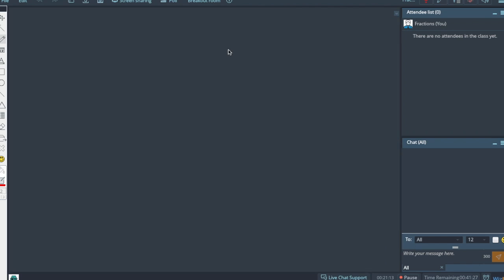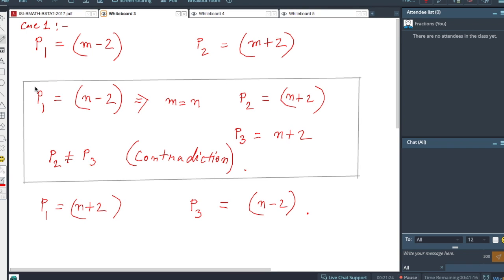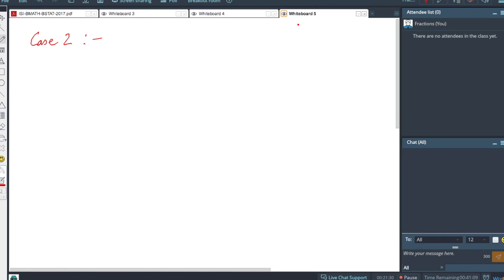Okay, now let's look at case 2. So in case 1 we had taken p1 to be m minus 2. Now in this case we'll be taking p1 to be m plus 2.